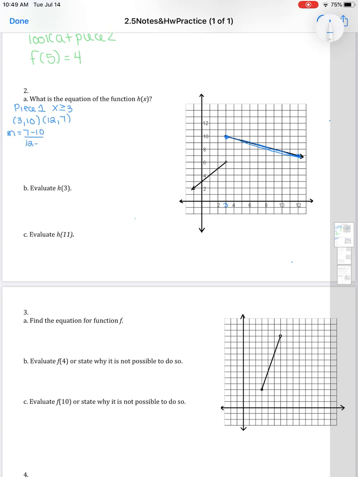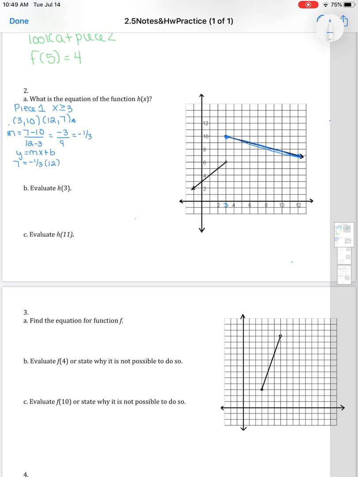And then the question is asking us, we need to know what the equation is. Well, think of what we did in chapter 2. When you're given 2 points, you can calculate the slope: y2 minus y1 over x2 minus x1. You simplify, and then you can sub that in and get it in y equals mx plus b.